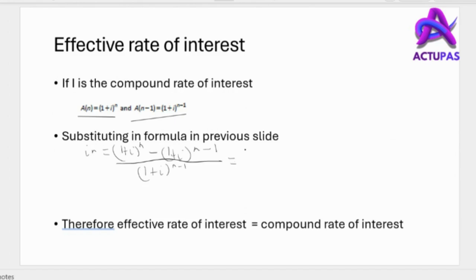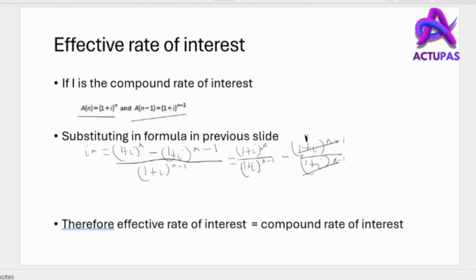This is equal to (1 plus i) to the power n over the denominator, and we want to split this. Since the denominator is similar, it's easy. We have them separately with the same denominator: (1 plus i) to the power n over (1 plus i) to the power n minus 1, minus (1 plus i) to the power n minus 1 over (1 plus i) to the power n minus 1. The second term cancels out and becomes 1.